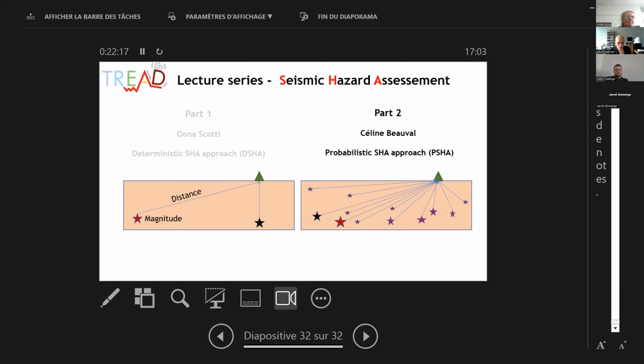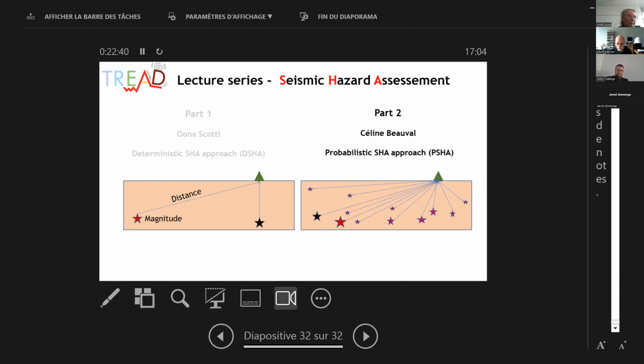So, just to make clear, what you do is that only earthquakes that have been known to occur are considered, but then you assume that they can occur as close as can be from your site. Exactly. This is the fundamental of any deterministic approach.